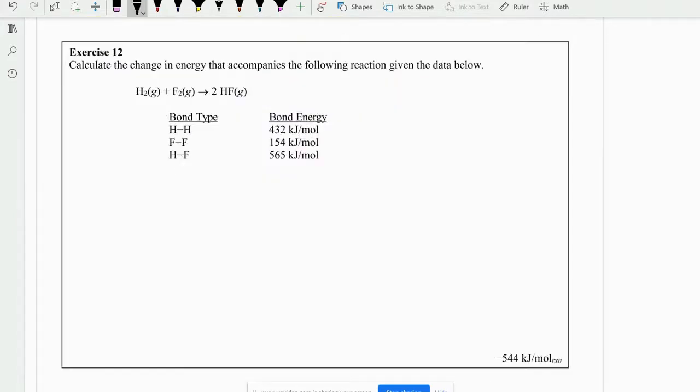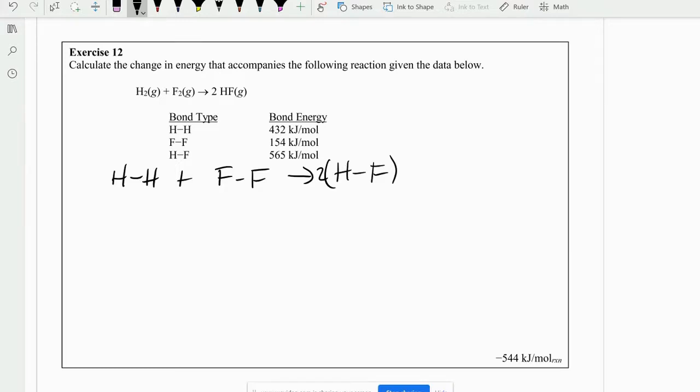So one of the things that I think is helpful when you're given a problem like this is to write the reaction out via Lewis dot structure. Because what it allows you to do is see the bonds that are forming between the individual elements. And that could be a single bond, a double bond, or a triple bond.